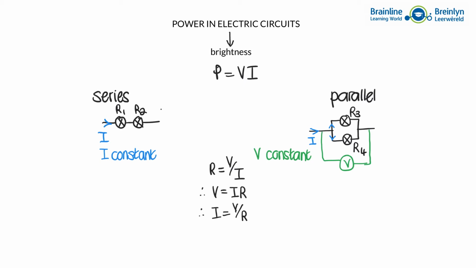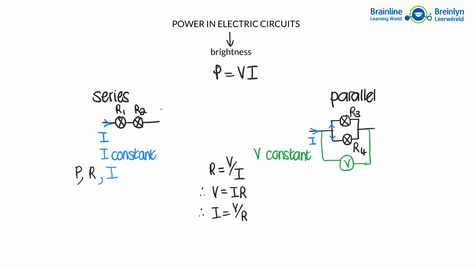In other words, in the series circuit, I would be trying to get a formula which had in it P for power, R for resistance, and then also I, because we know it was constant, and we could then deduce a proportionality.